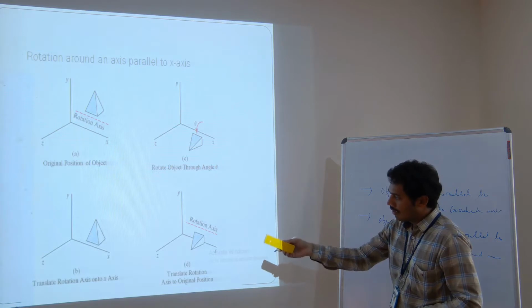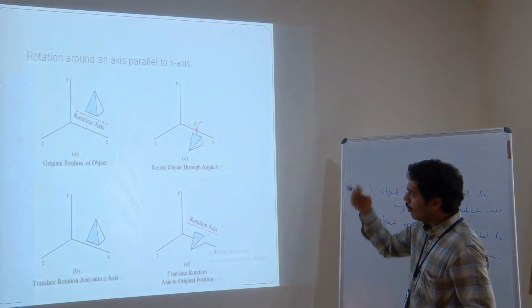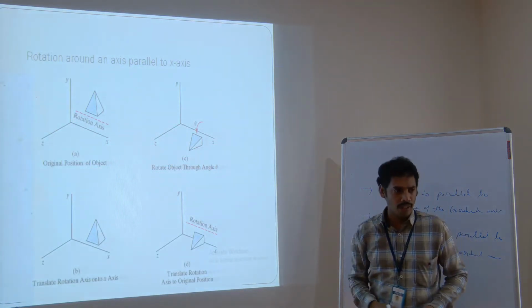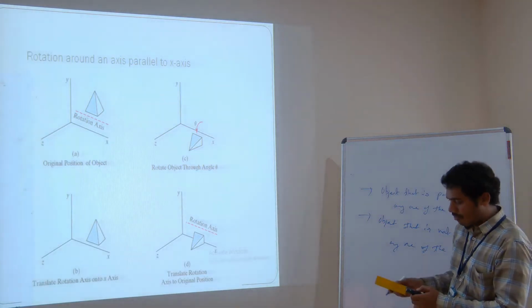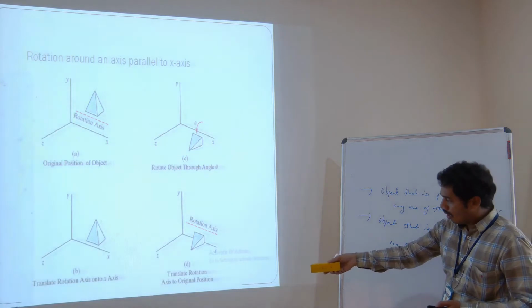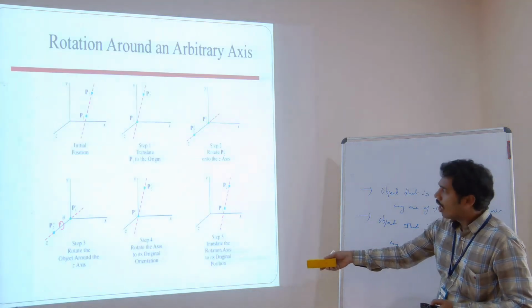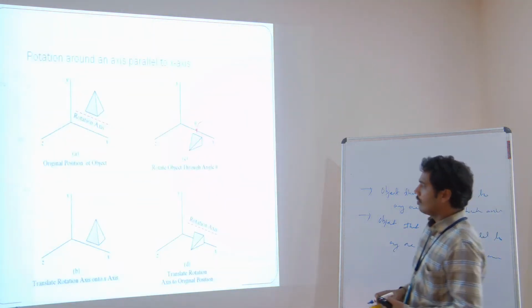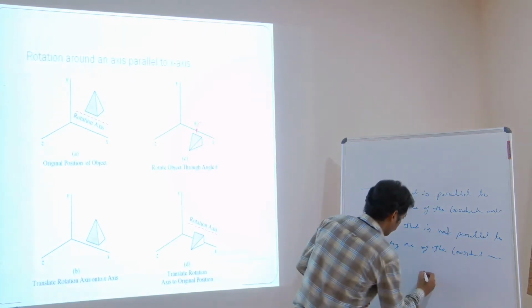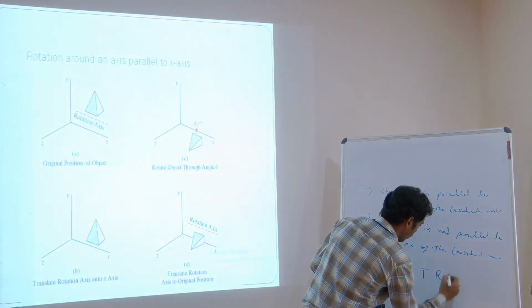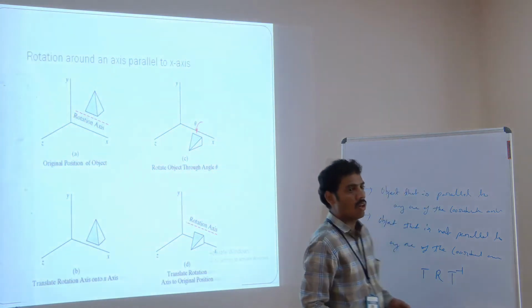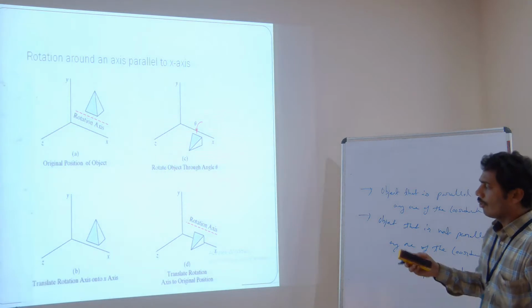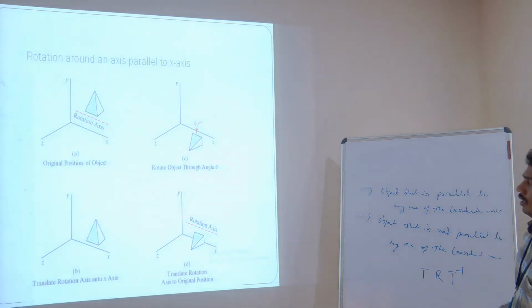Now it is translated, then I rotate the object, and then I retranslate the object from the old position to the new position. So I am doing a translation, a rotation, and an inverse translation. That is the concept of translation, rotation, and inverse translation.